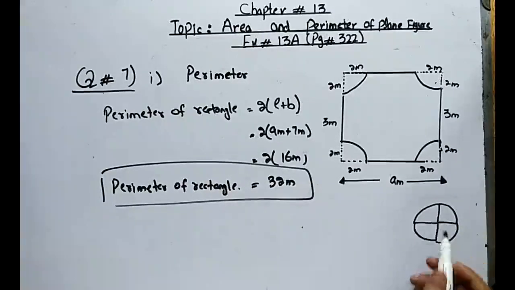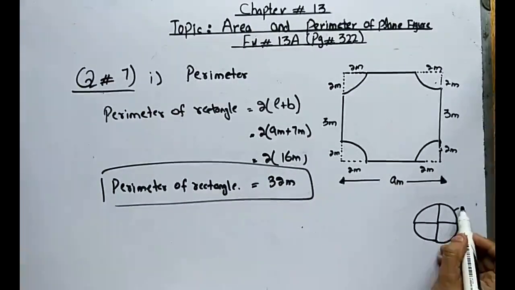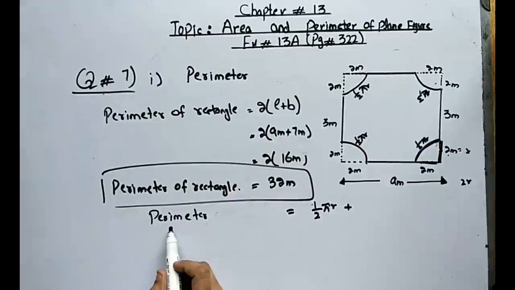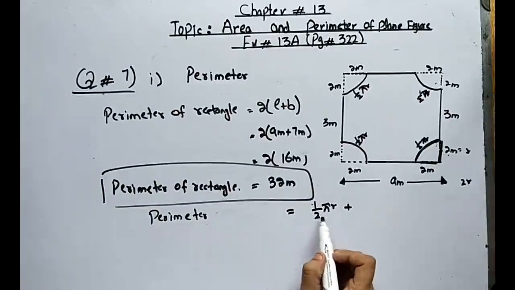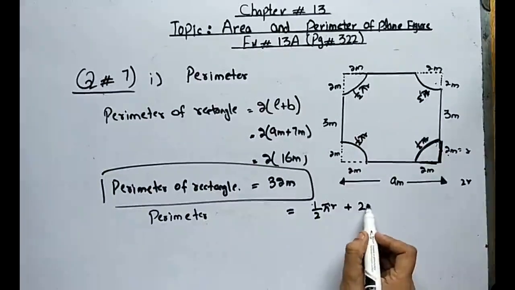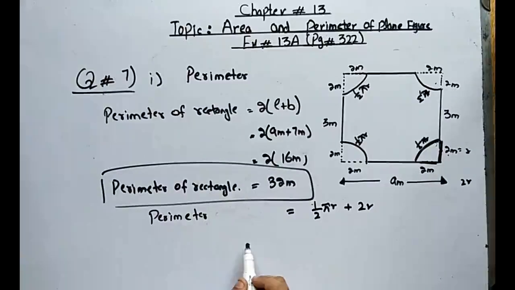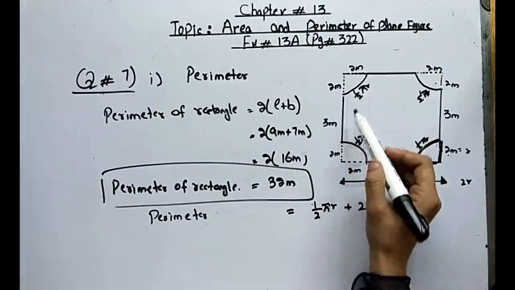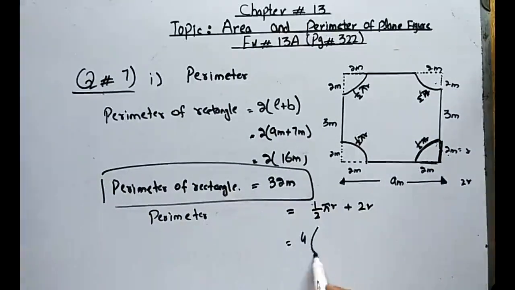When 4 quadrants are joined to each other, they will make one circle. So what is the perimeter of one complete circle? As we have already discussed, the formula of circumference: circumference means the perimeter of a complete circle. The formula for a quadrant was 1 by 2 pi r plus 2r. There are how many quadrants? 1, 2, 3 and 4. So it means we will multiply by 4.